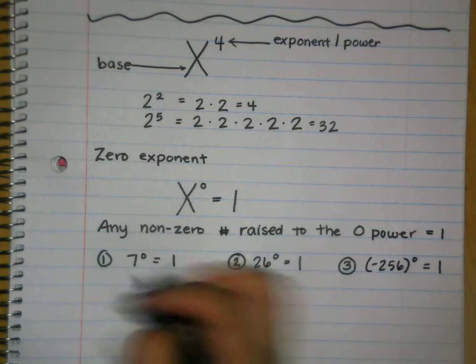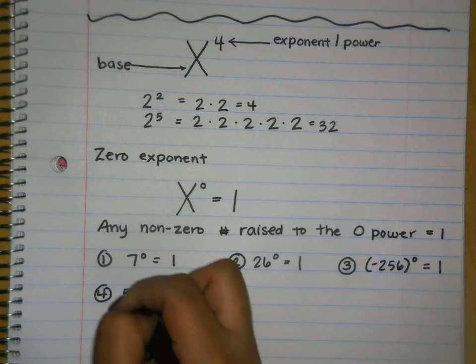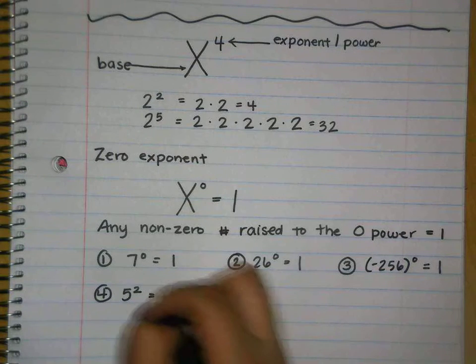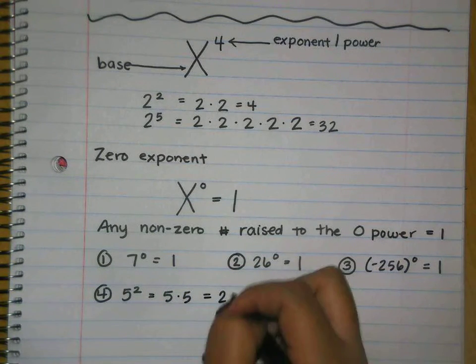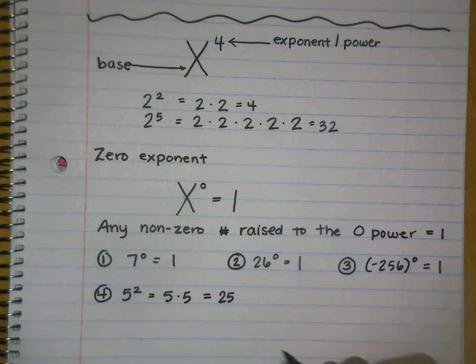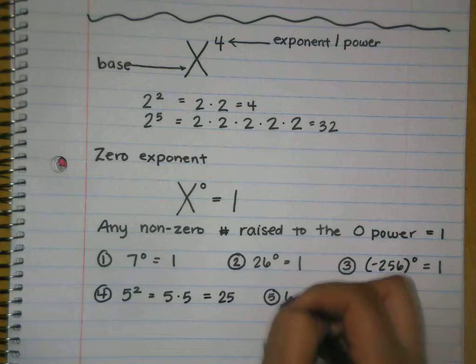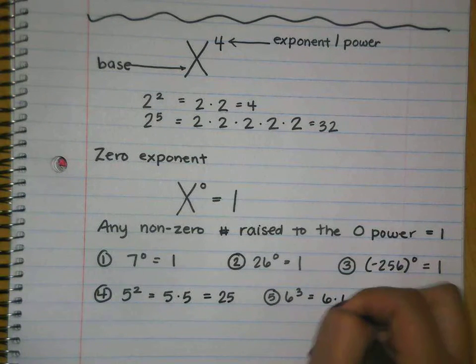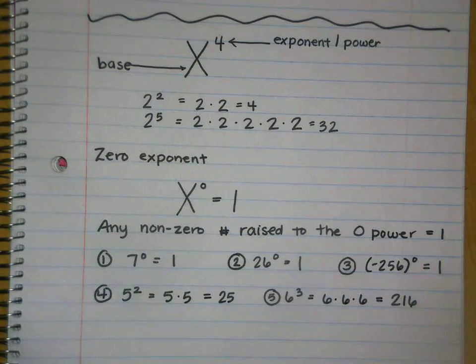Okay, that's pretty easy. What about 5 to the 2nd power? Well, that's 5 squared, so we know that's going to be 5 times 5, which is equal to 25. Or let's try 6 to the 3rd power. Well, that is just 6 times 6 times 6, which is equal to 216.